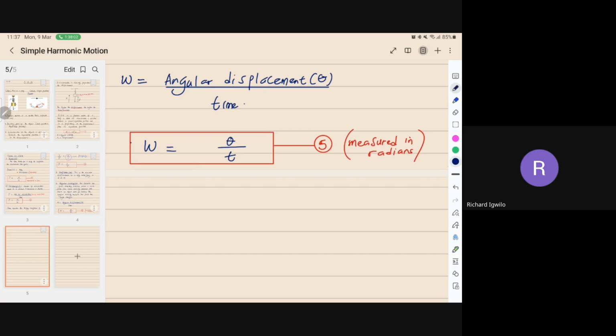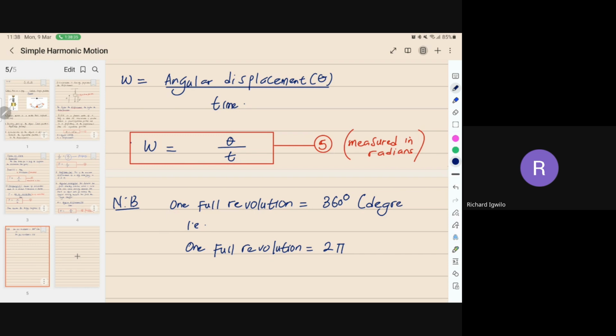Now, it is important to note, just like our friend said, one full revolution is equal to 360 degrees. That is, one full revolution is equal to 2 pi. This is in degrees, and this is in radians.